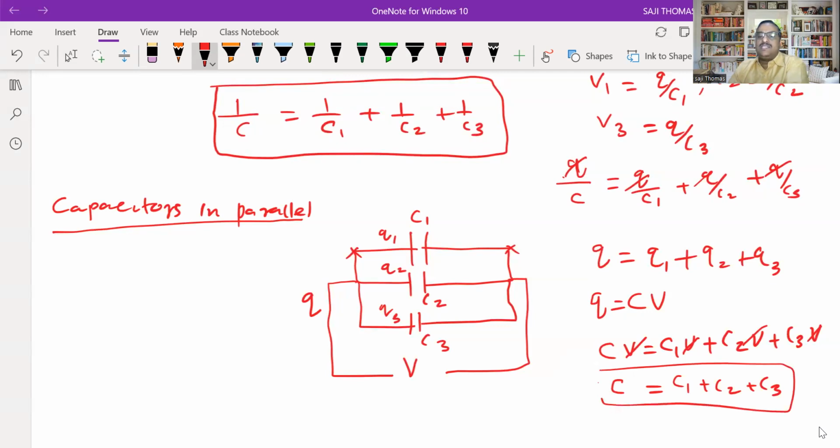So the equivalent capacitance in parallel combination is the sum of the individual capacitances. So remember, when capacitors are connected in parallel, charge is divided among all the individual capacitors. Potential difference is the same.